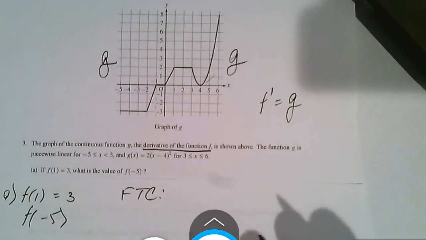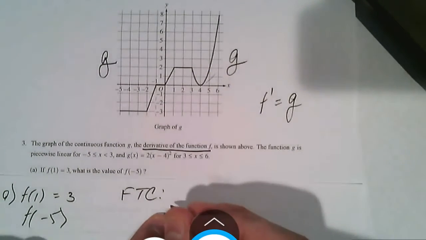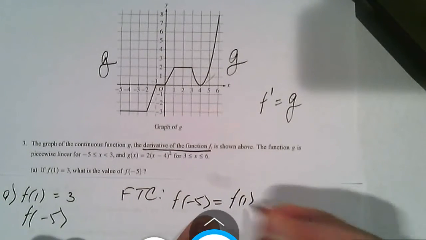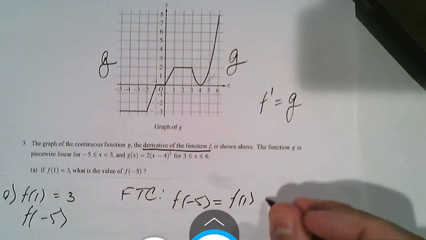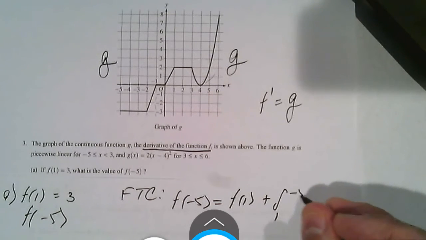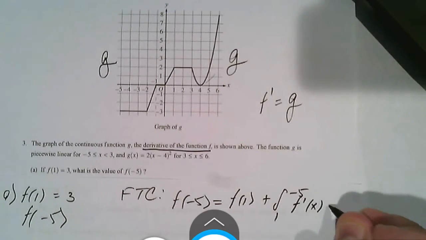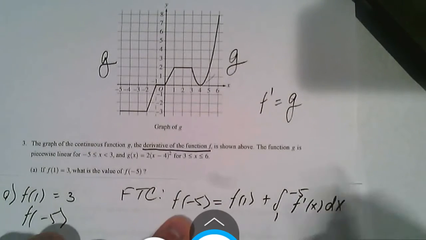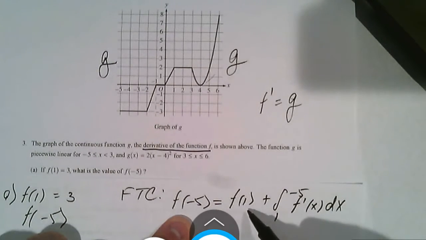The FTC says that the value of the function at -5 is equal to the value of the function at 1 plus the integral of the derivative of the function from 1 to -5.